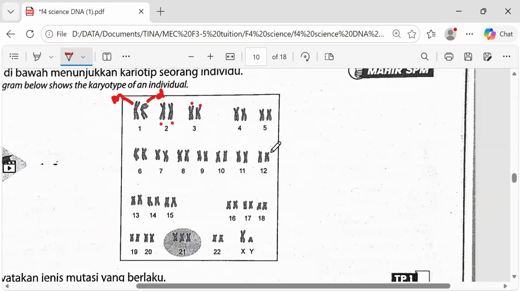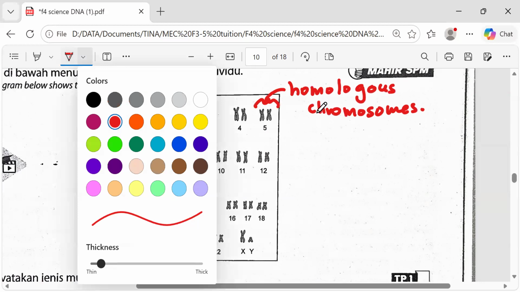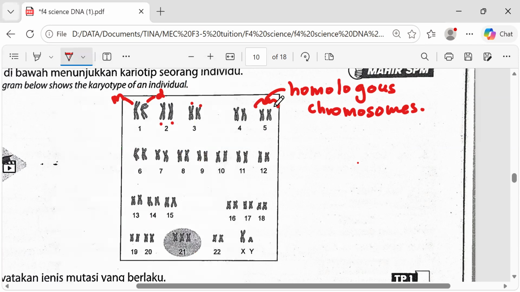They are called homologous chromosomes. Now homologous chromosomes, do they control the same characteristics or different characteristics? One pair like that, do they control the same thing or different things? Same.